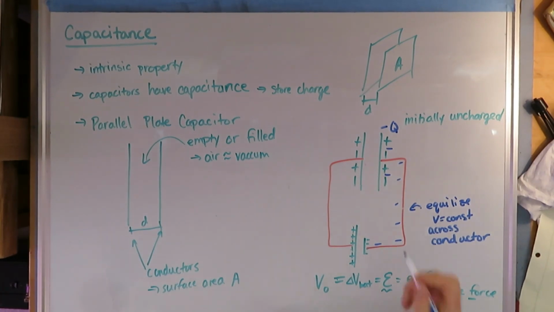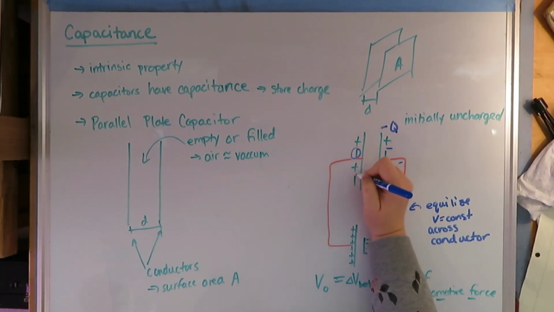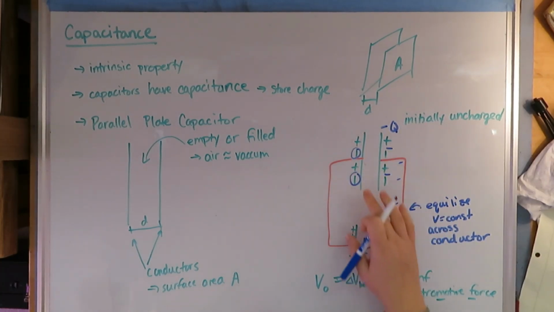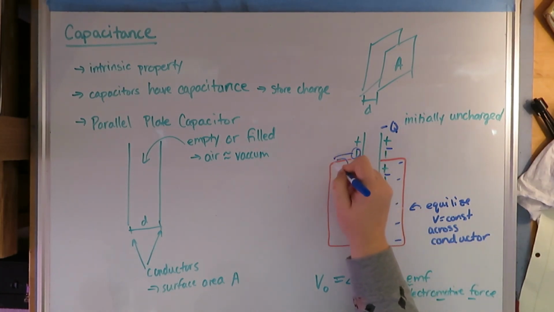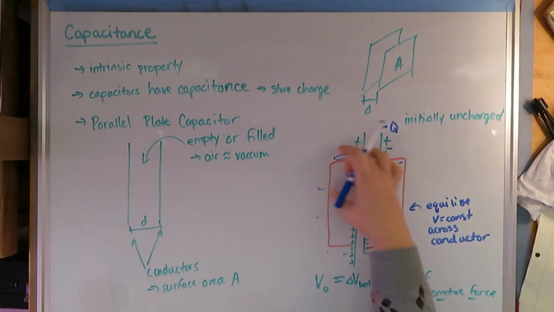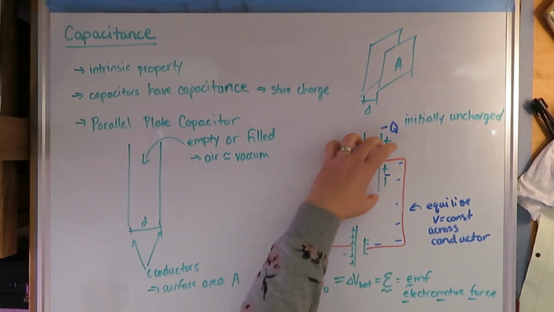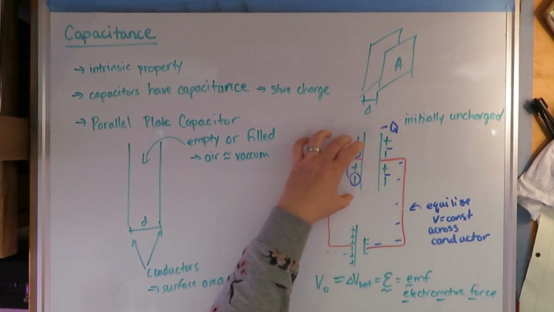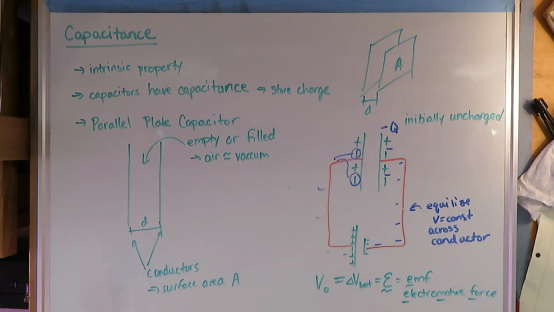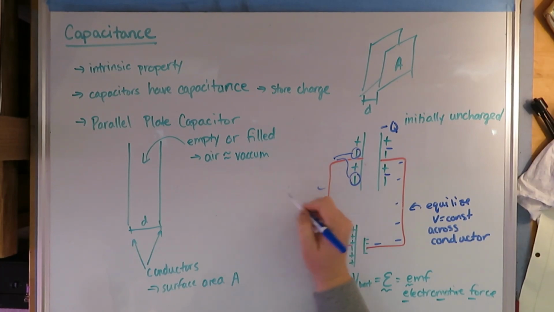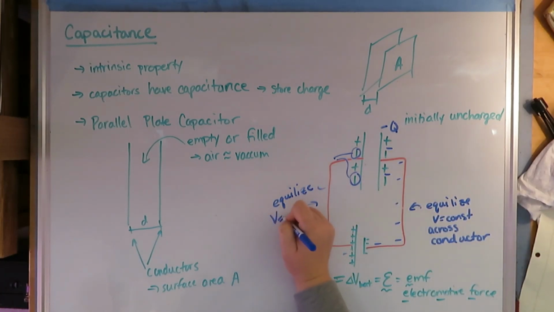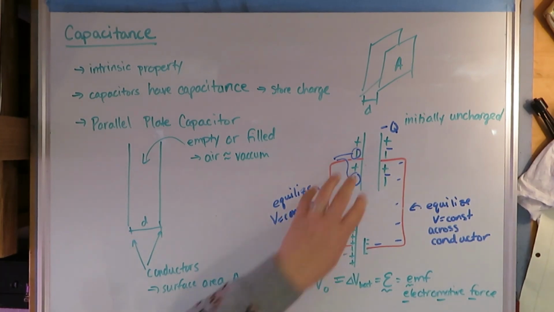But those electrons over here are going to get repelled, so we're going to end up with these electrons leaving that plate and getting attracted over here to this positive plate. They're getting repelled by the extra electrons over here, and at the same time they're getting attracted to this over here, so that we equalize on this side. So we get V is constant on that side.